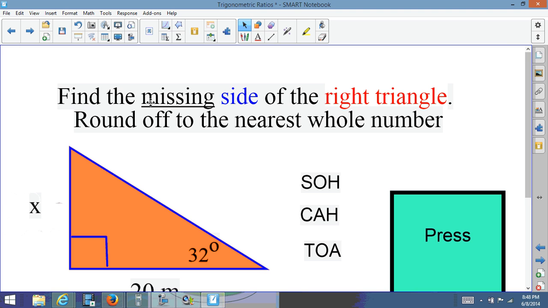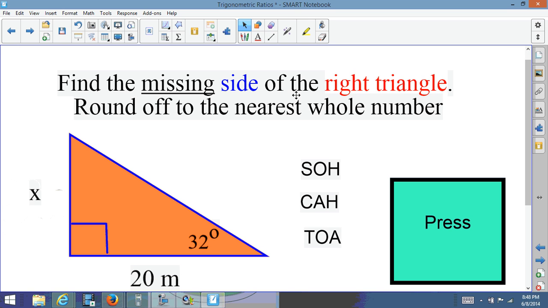Here's one we can try. Find the missing side of a right triangle, round off to the nearest whole number. So we have SOHCAHTOA down here at the bottom of the cliff. He's aiming over here to shoot the lion that's going to try to eat his horse, and he's got to shoot way across on the other side of the mountain. And if you remember, that is the opposite side.